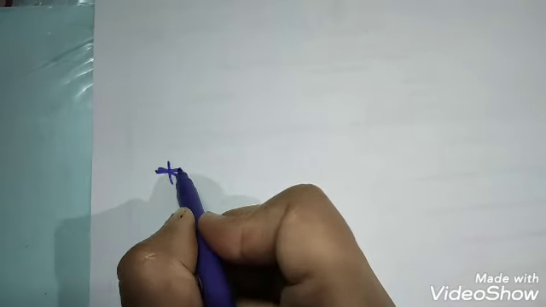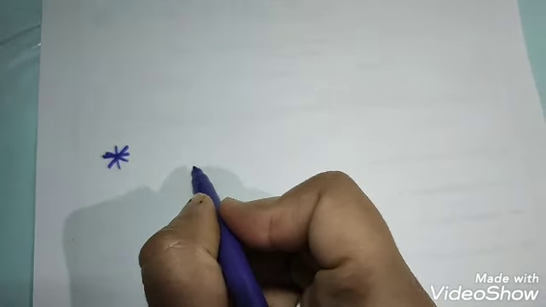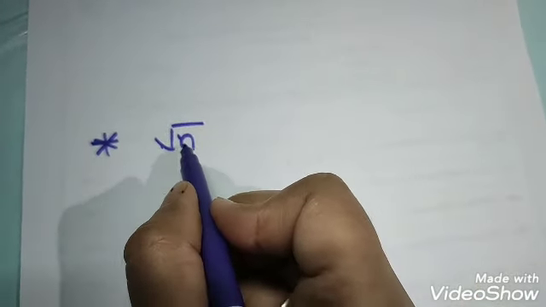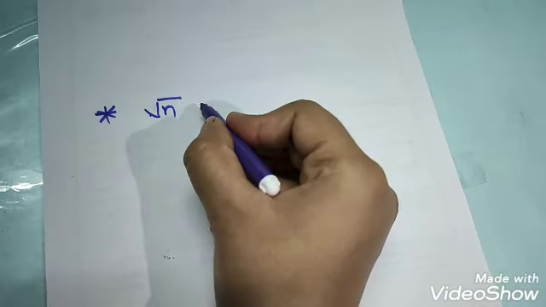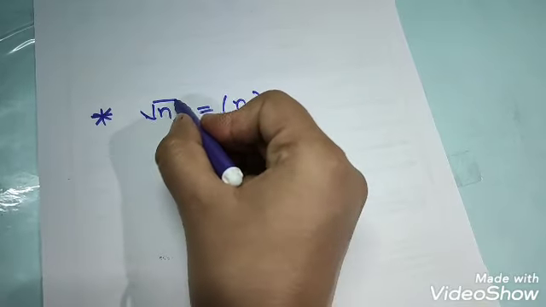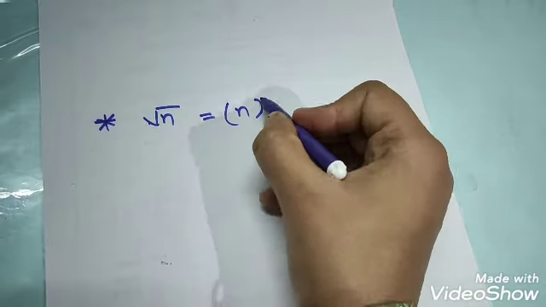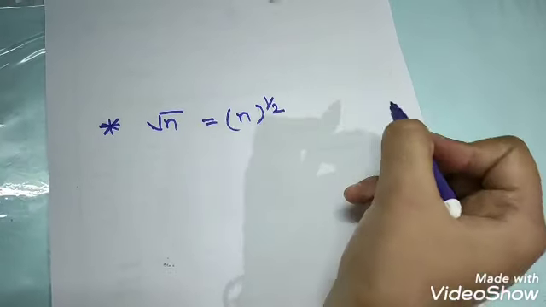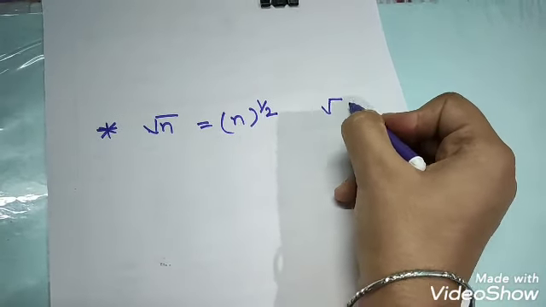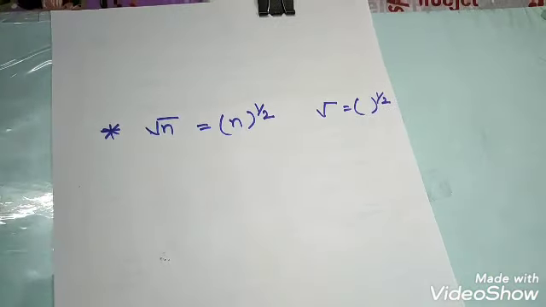Now there is one more thing you should know. Look, we write like this. This is called square root of n. That means it can be written as n to the power 1 by 2. Square means 2, so this square root means the power 1 by 2.